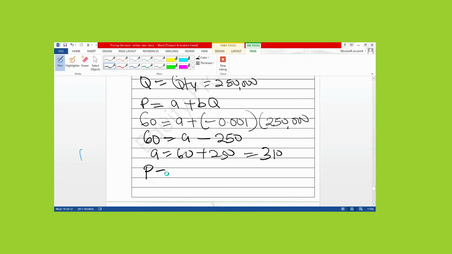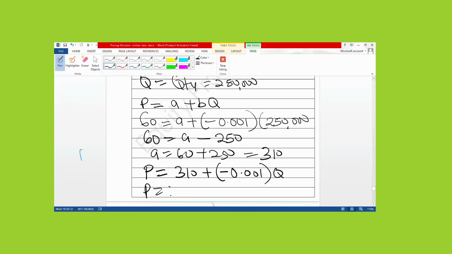Our P is equal to A, 310, plus bracket my B, negative 0.001, then our Q. When we say price function, you must get the equation.